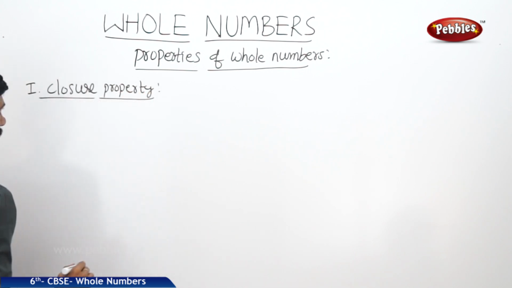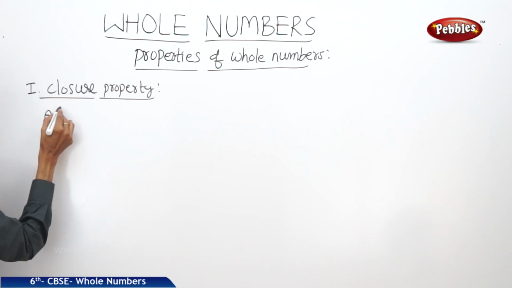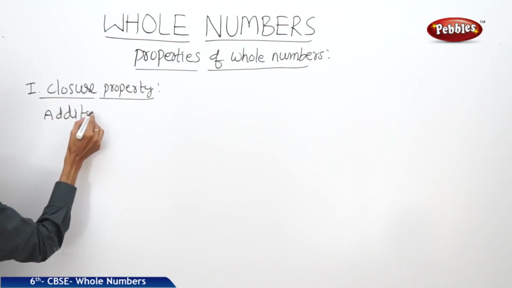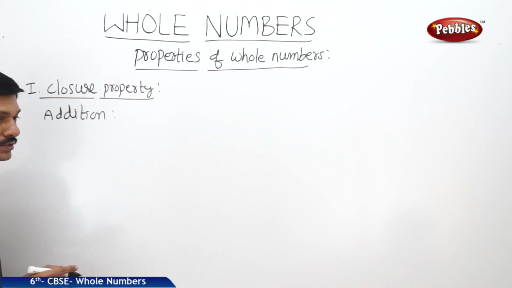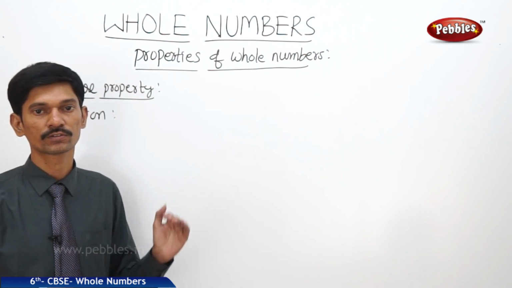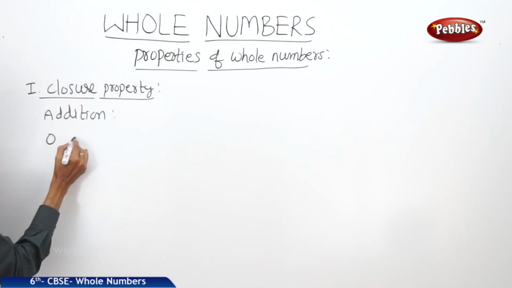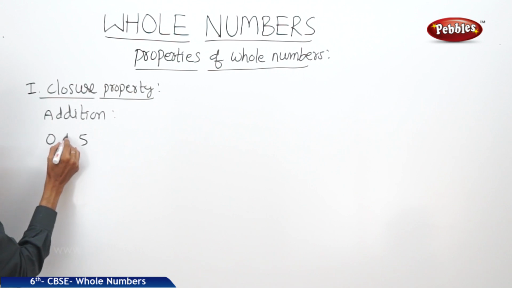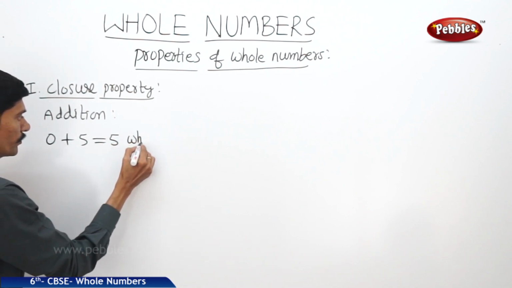Let us check the closure property in case of addition. If you add any two whole numbers, we get the sum also a whole number. For example, 0 is a whole number and 5 is a whole number, then 0 plus 5 equals 5, a whole number.